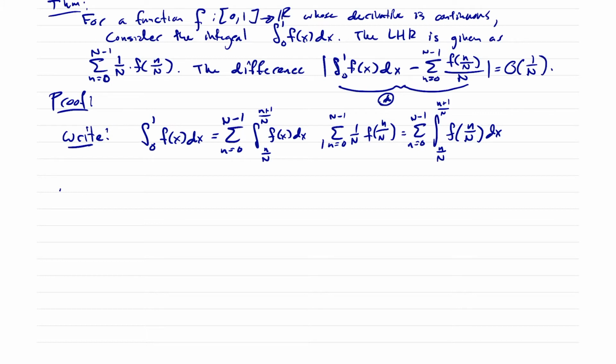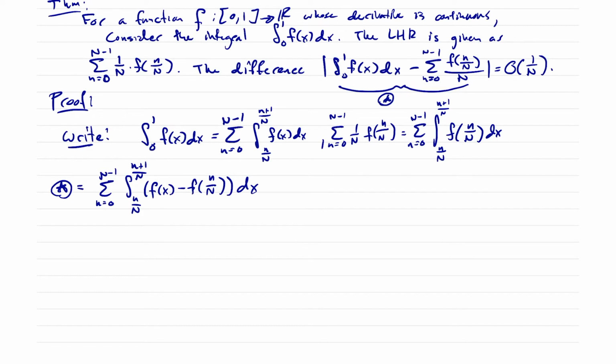I'm going to write star as the sum of n equals 0 to capital N minus 1 of the integral from n over capital N to n plus 1 over capital N of f of x minus f of n over capital N dx.